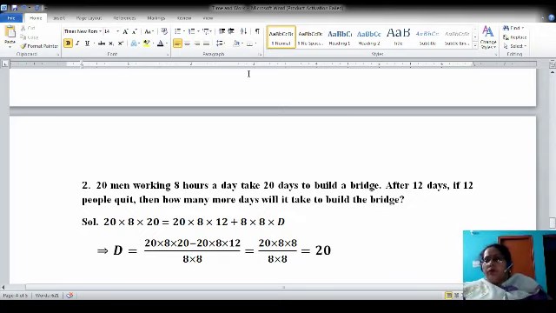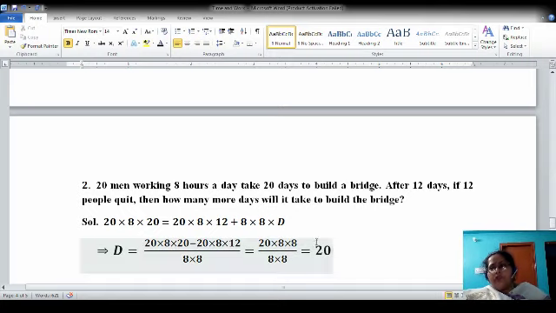Okay, so with this example we will stop for today. Once again, to summarize, we have talked about different problems on time and work, taking into consideration 3 different kinds of models. The first model was where we looked into how the amount of work varies with the number of persons or the number of days, and we had a very general formula.